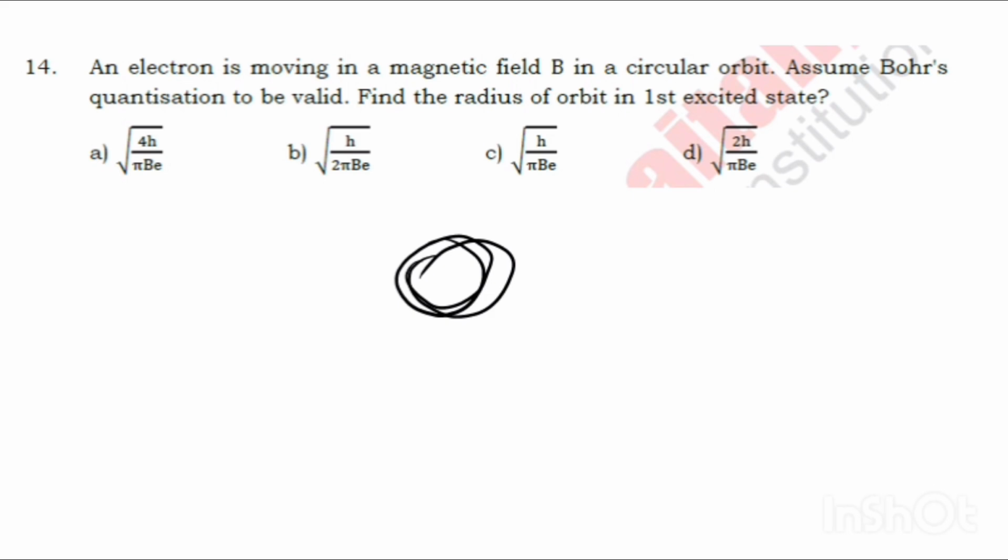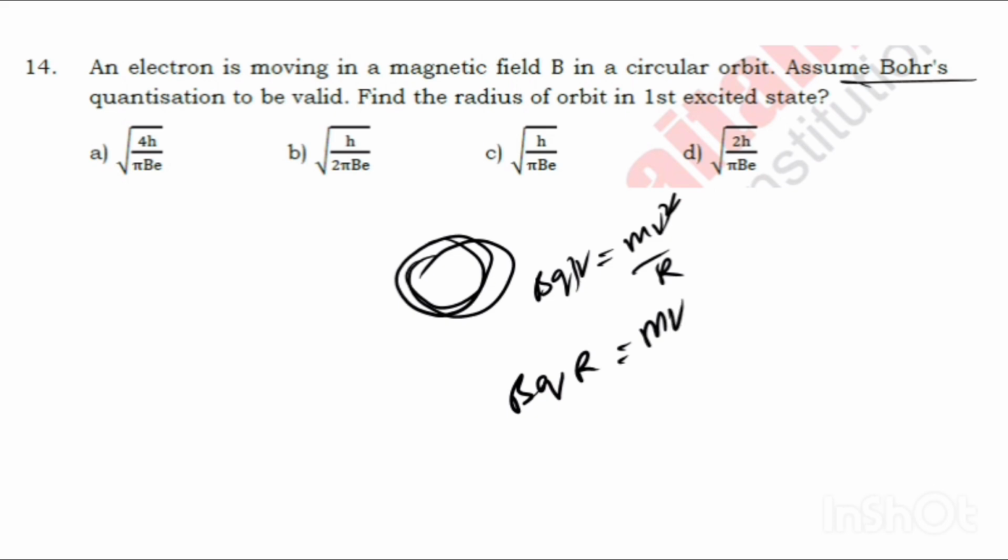The force developed by the magnetic field is BQV sin theta, with theta 90 degrees, equal to mv square by r, because the centrifugal force must be balanced by this magnetic force. So BQR is equal to mv, and the second condition is that Bohr's quantization is valid, so angular momentum should be quantized, nh by 2 pi.